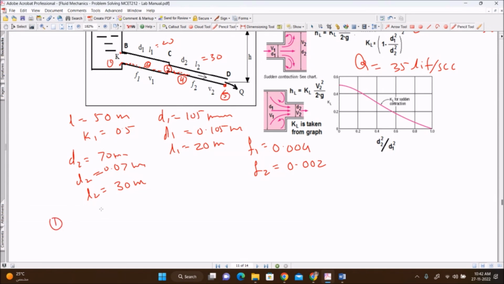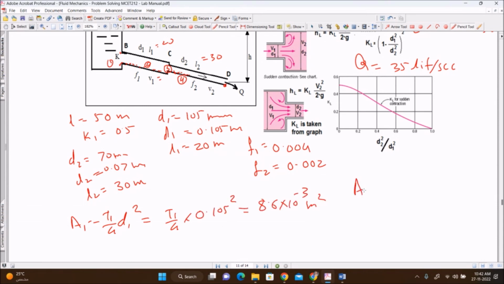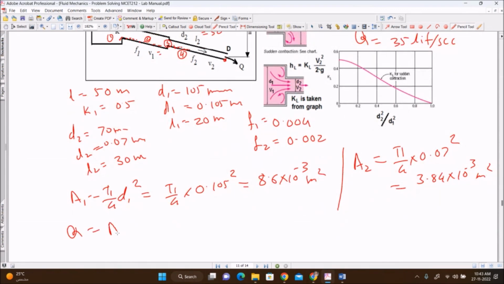Number 1. For head loss, we need to find velocity. So we need to find V1 and V2. First we will find the area. Area A1 is equal to pi by 4 D1 square. Similarly, I can find A2. As I know the area, I can find velocity V1 and V2. A1 V1 is equal to A2 V2.